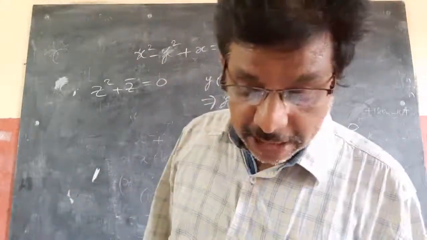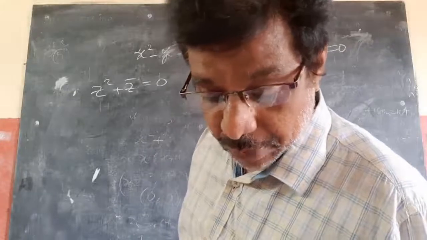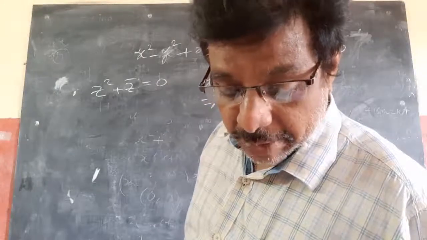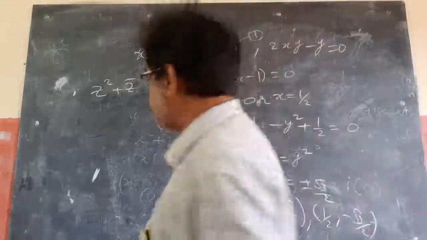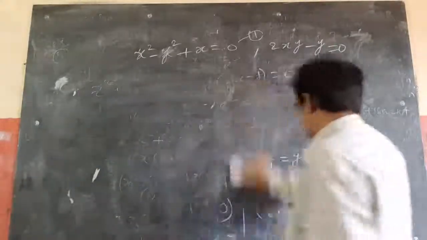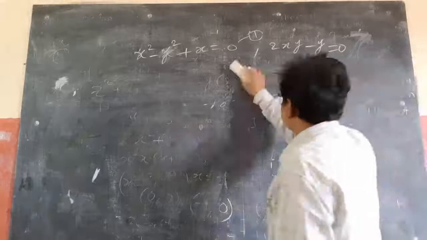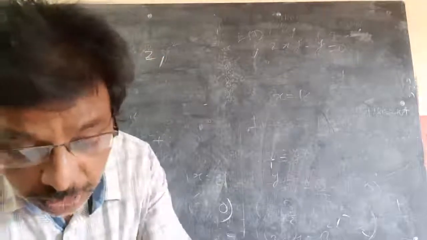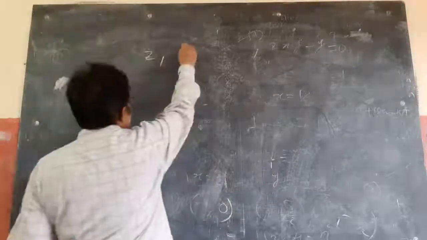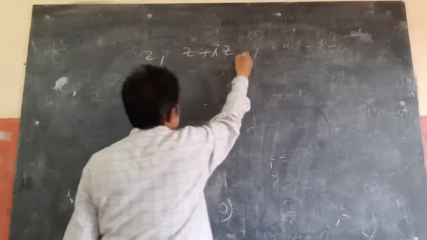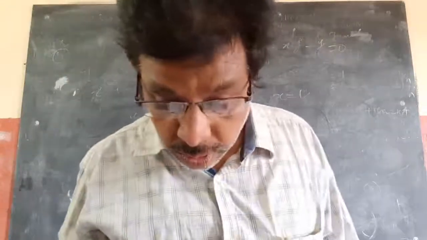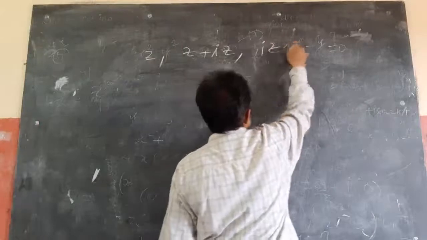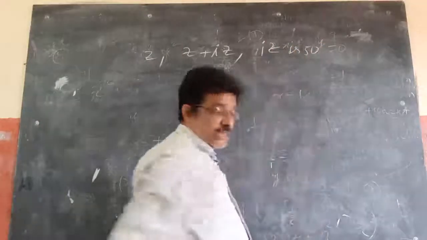If the area of the triangle formed on the complex plane by the points z, z plus iz, and iz is 50, the area of the triangle formed by these 3 points is 50.